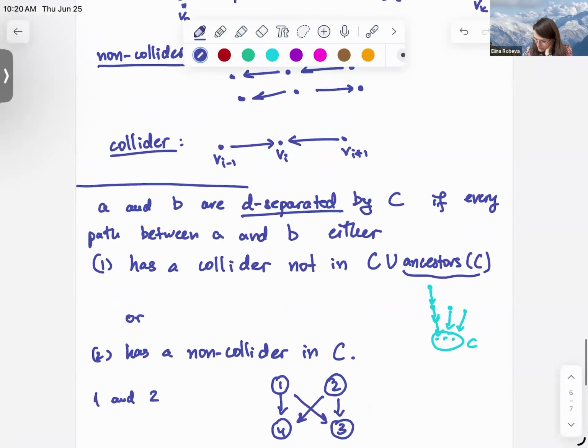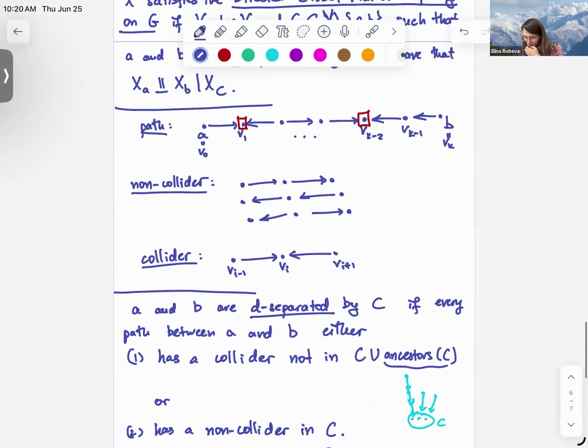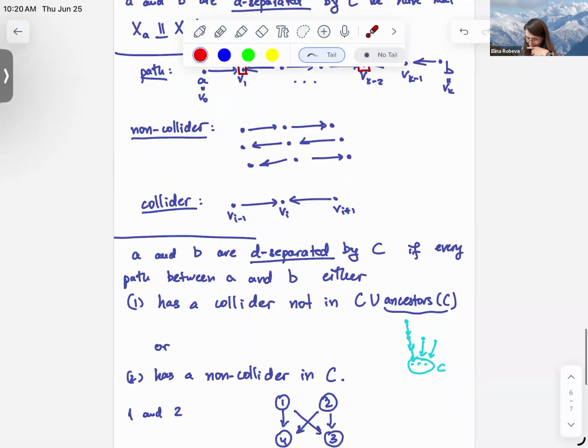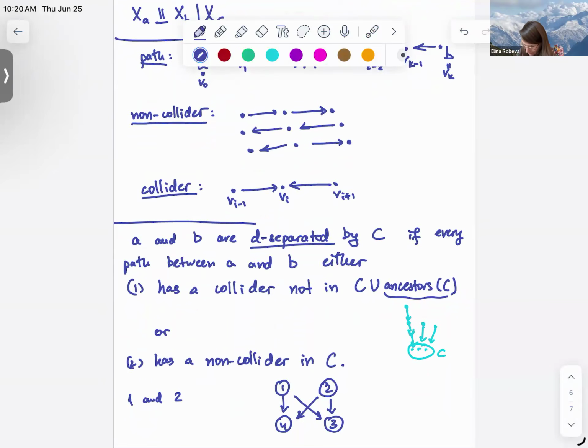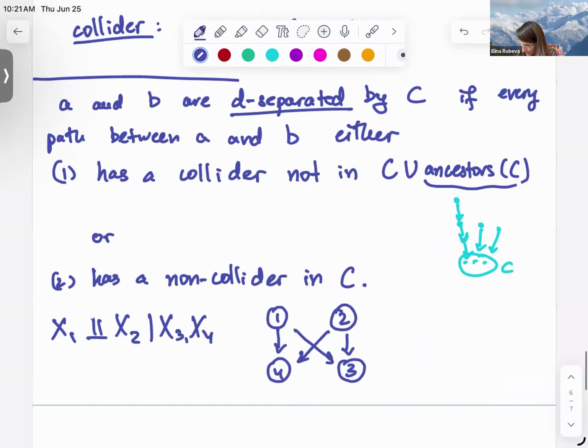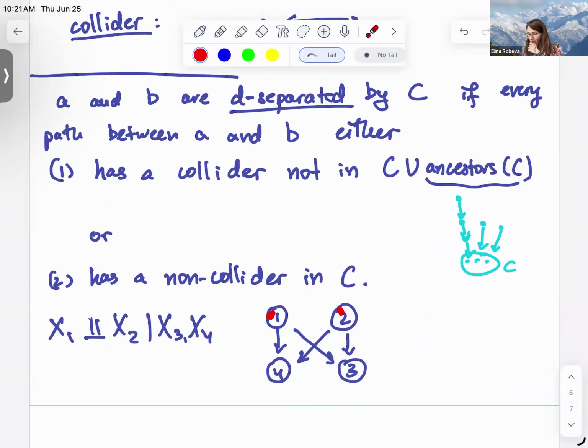So the definition says, I'm just going to scroll back up to it for a little bit, that for any two A and B that are d-separated by C, we have this independence statement. And if you remember, we said in this graph that x1 and x2 are independent given x3 and x4. So presumably 1 and 2 are d-separated by 3 and 4. And let's see why that's the case.